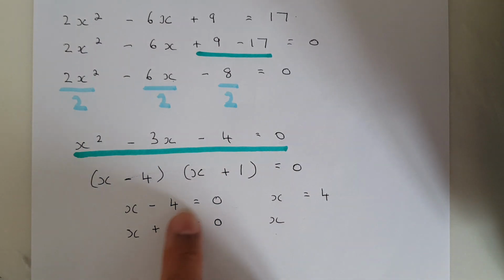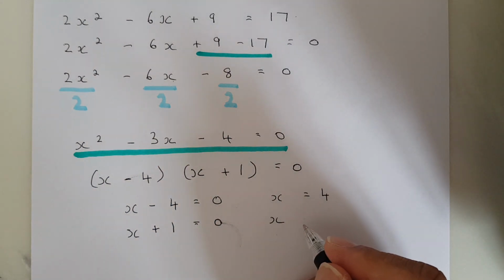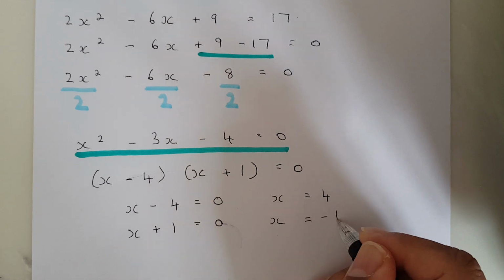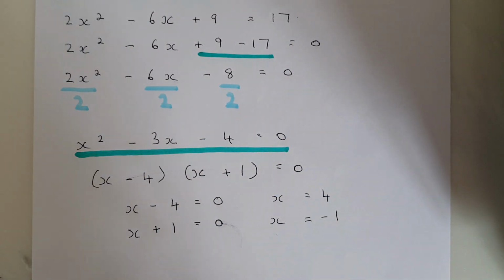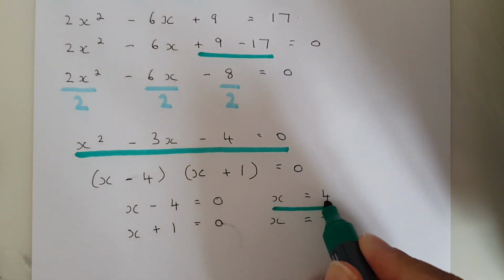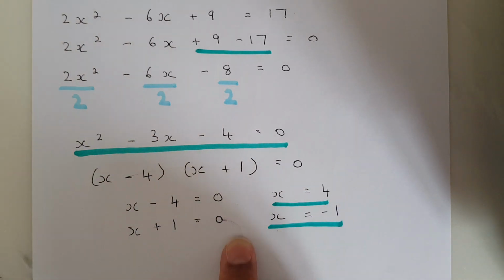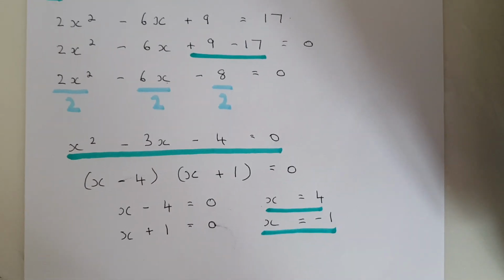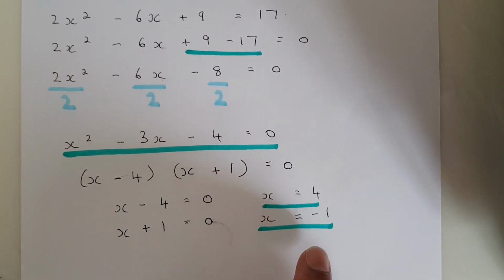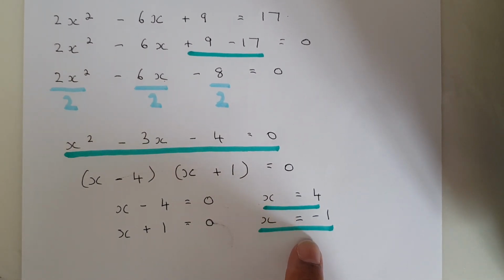Just minus 1 from both sides and you get minus 1. Okay, so let me just underline that. x is equal to 4 and x is equal to minus 1. Got a bit of a smudge there.